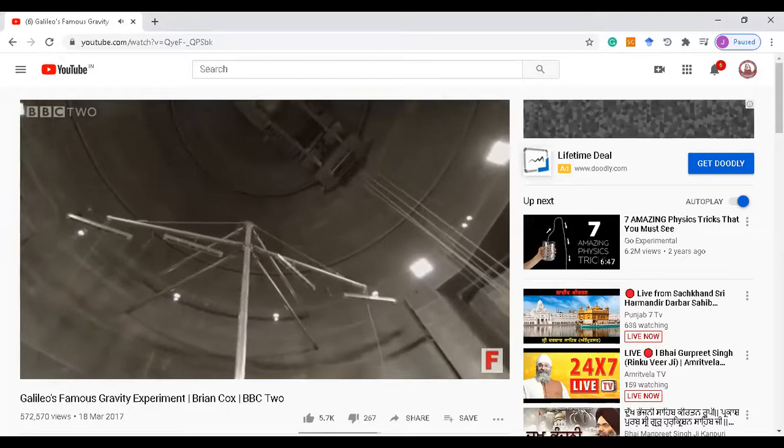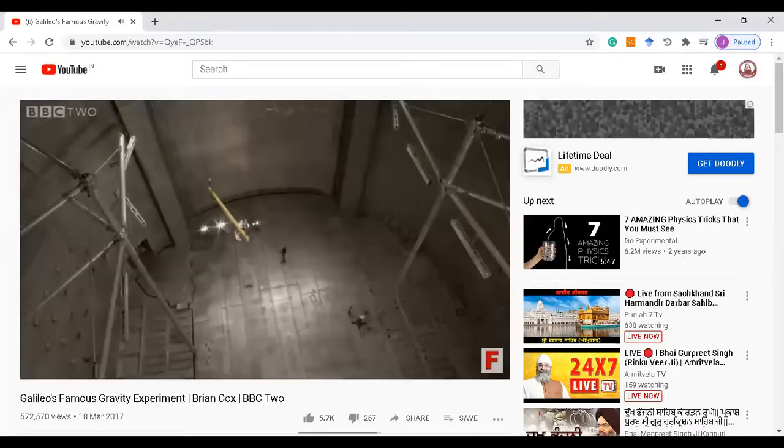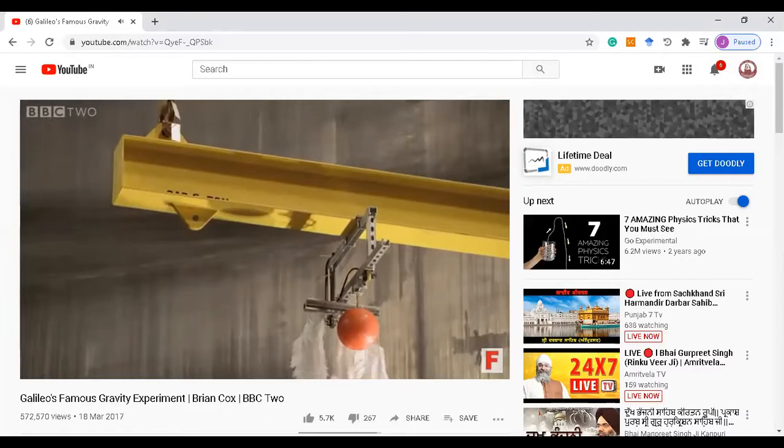Right now the vacuum pump is not switched on because he himself is standing inside it. So that means air is present. They have made the arrangement of a heavy ball and a feather, a very light object. In air, when they allow both of them to fall simultaneously, let us see who reaches first. Obviously the heavier ball reaches the ground first.